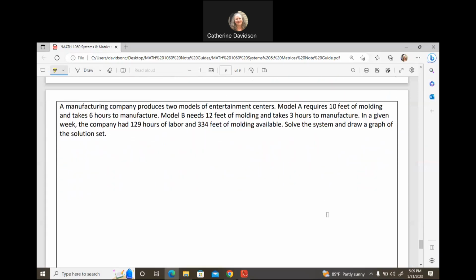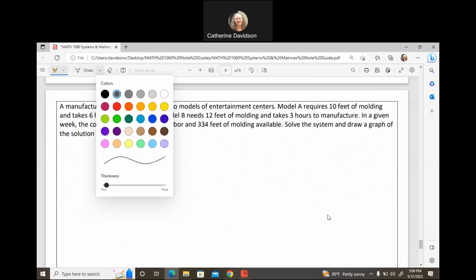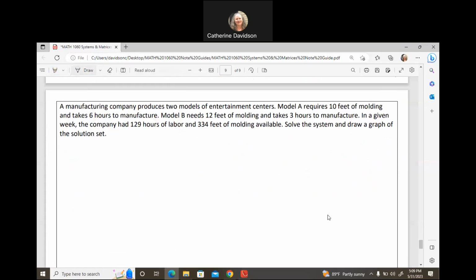And our last one here, we have a manufacturing company, and they have 2 models of entertainment centers, model A and B. And they have molding and hours.